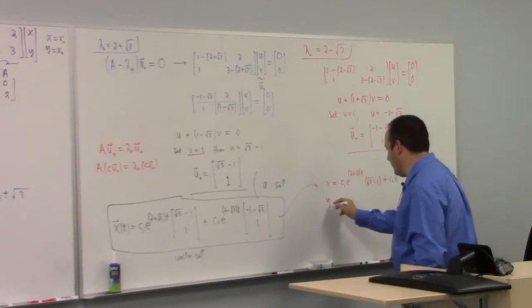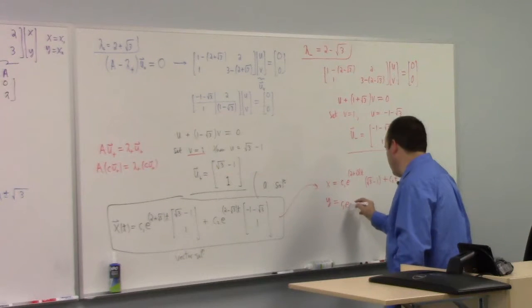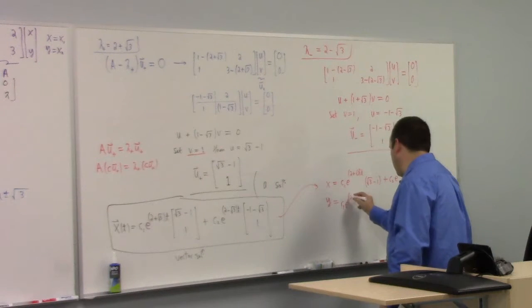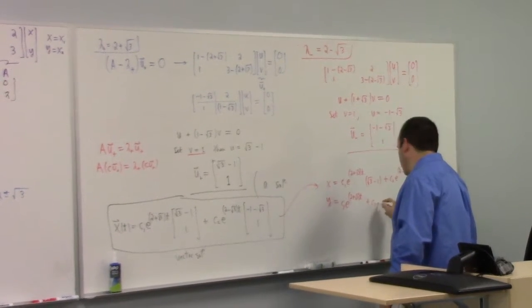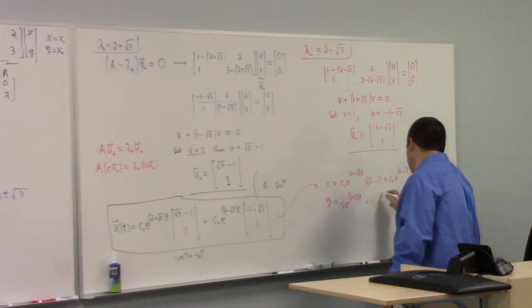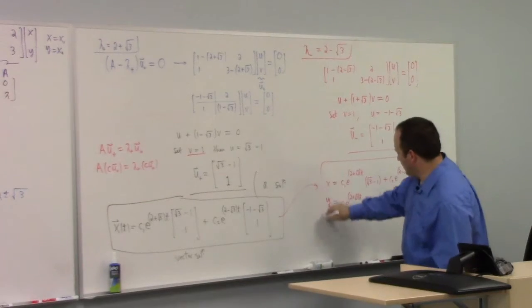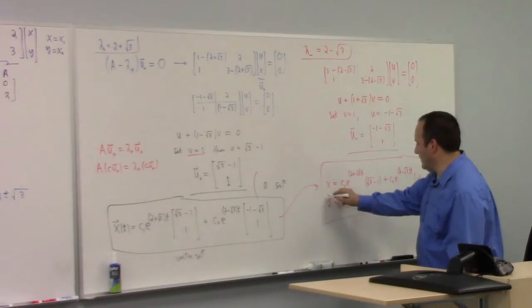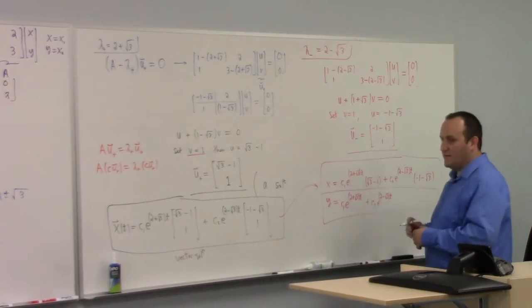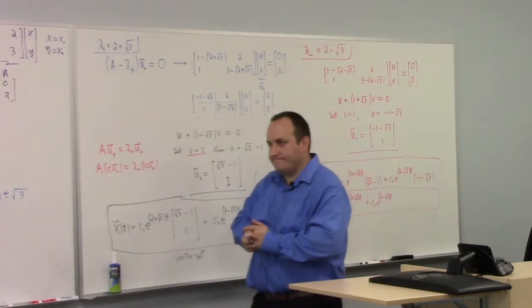And y will be c1 e to the 2 plus root 3 t plus c2 e to the 2 minus root 3 t, times 1. And so there it is. That's the solution to the original problem that we found by the eigenvector technique.